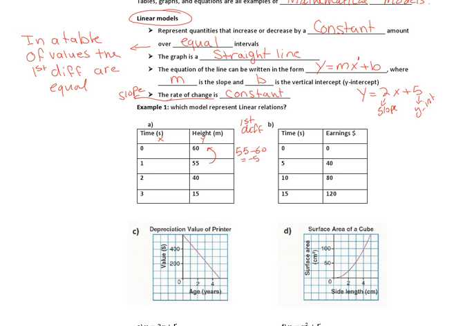Now you're going to do y2 minus y1 again. If you look at your first difference here, what do you notice? It's different, it's not the same. Since your first difference is not the same, you can conclude that it is not linear, okay?